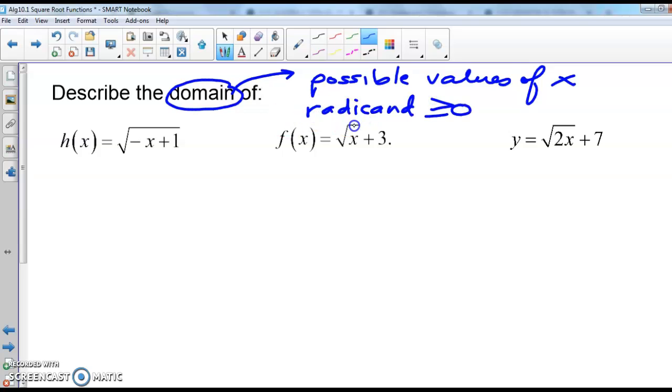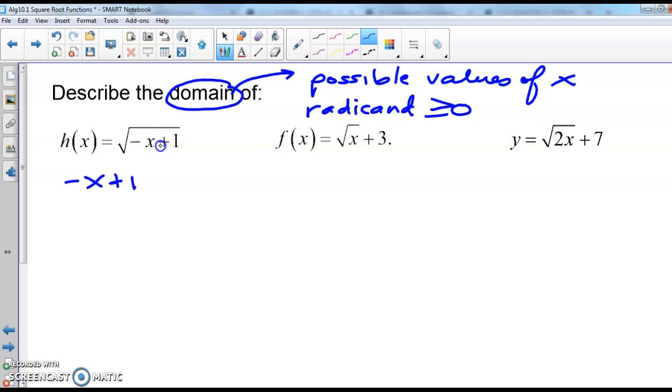The radicand is any expression that's under the radical sign. So if we're going to solve the first one, how are we going to find the domain of h of x? We are going to copy not just the negative x, but the entire expression that's under the square root symbol. So let's copy negative x plus 1.